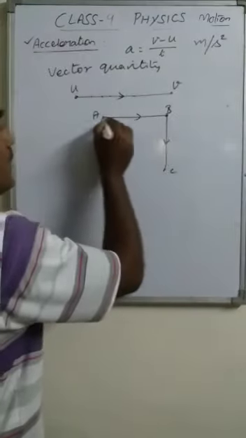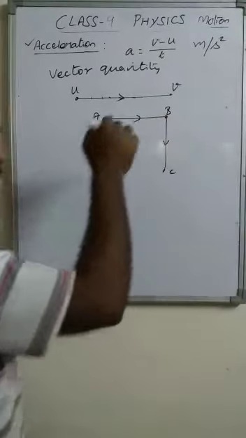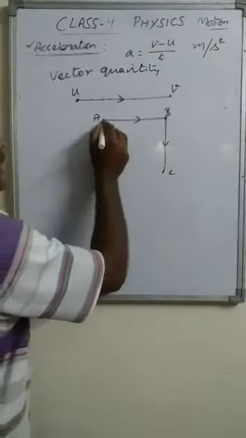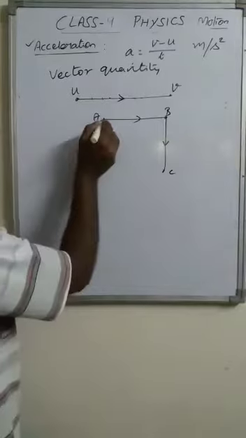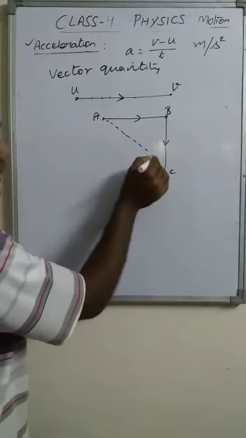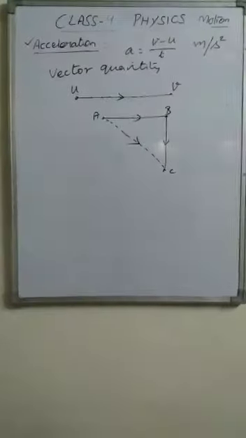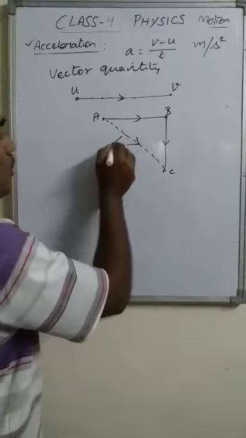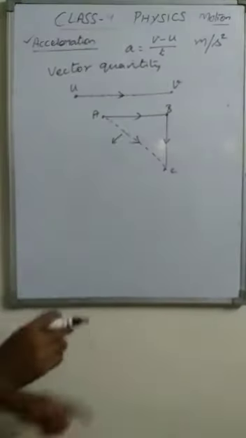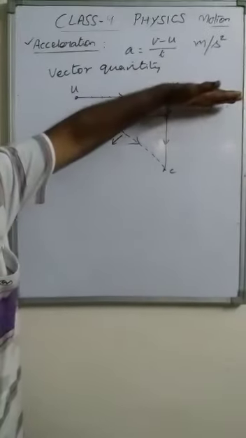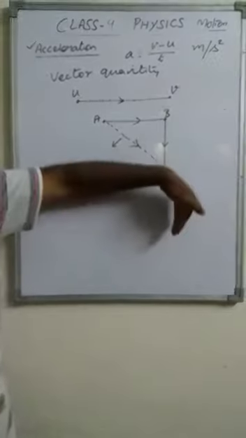In the beginning direction is this one. After that direction is this one. Finally, if we see from the initial to final point, this is the direction coming. So this will be the direction of acceleration, and this is the direction in which the velocity is changed. In the beginning it was horizontal, then it became vertical.